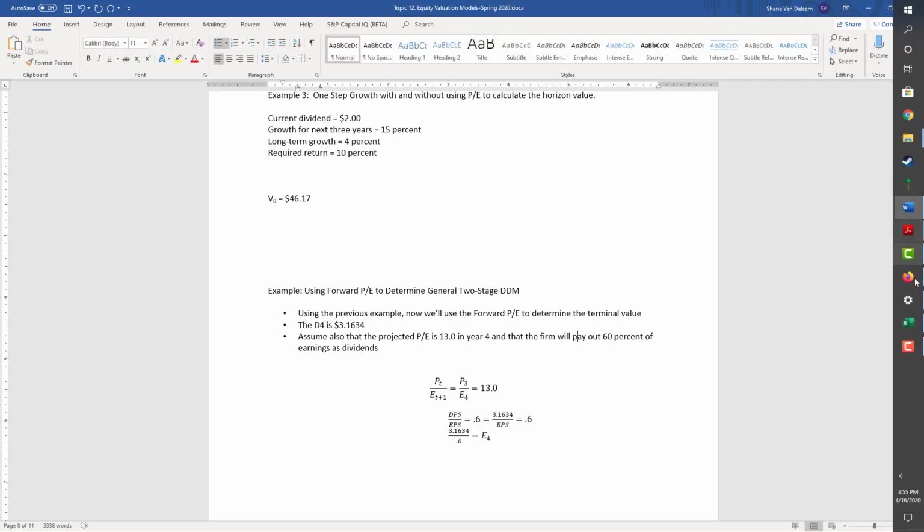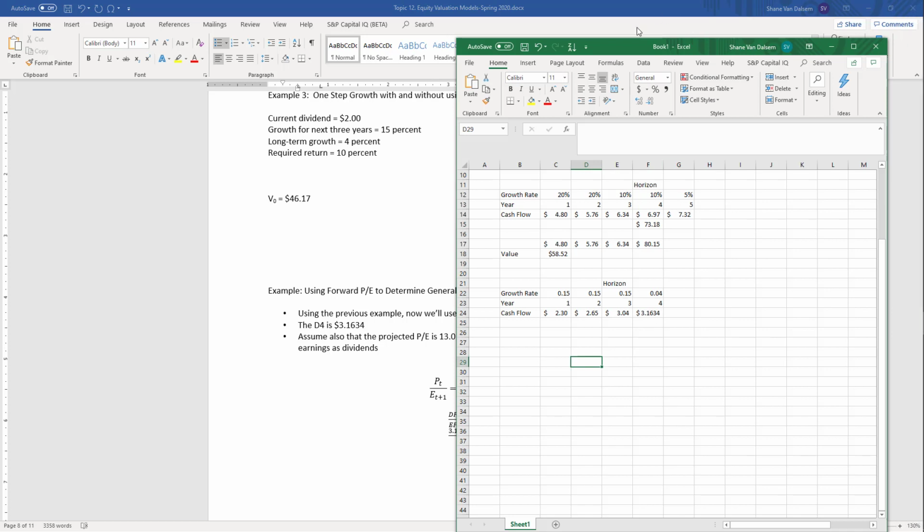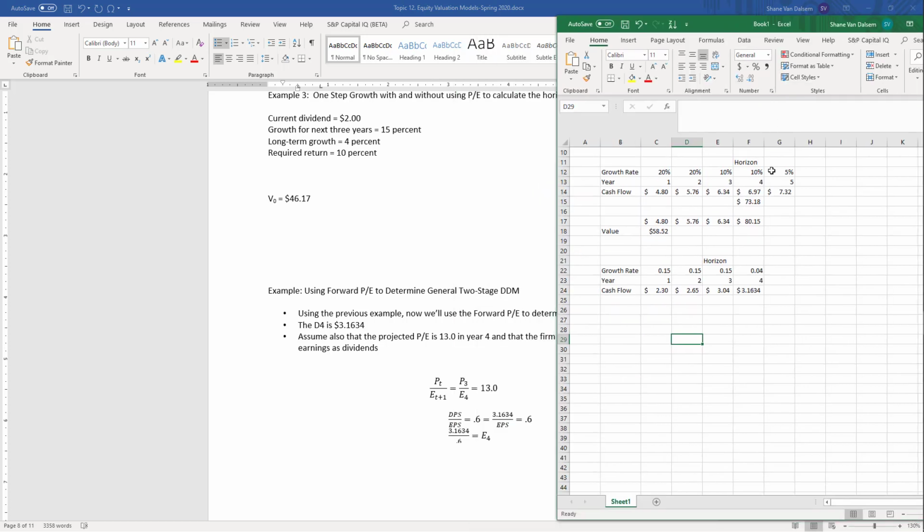So let's go ahead and do that in Excel here. So I'm going to take the 3.1634 divided by 0.6, and that's my earnings per share. My price to earnings ratio is equal to 13.0, and so multiplying the price to earnings by the earnings per share will give us our estimated price of the stock.